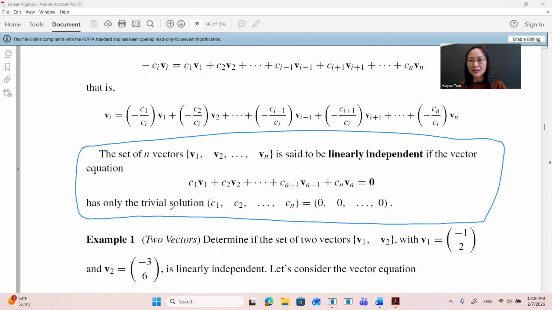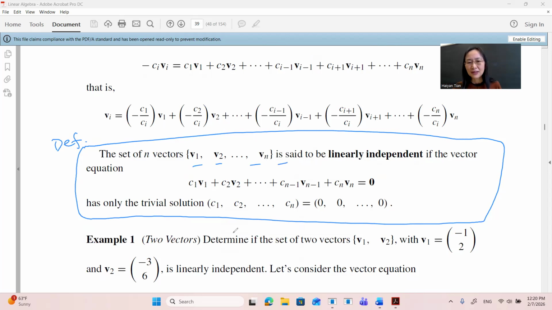When we understand the definition, we can use it to check whether a set of vectors is a linearly independent set. This definition also tells a method, because you just follow the definition.